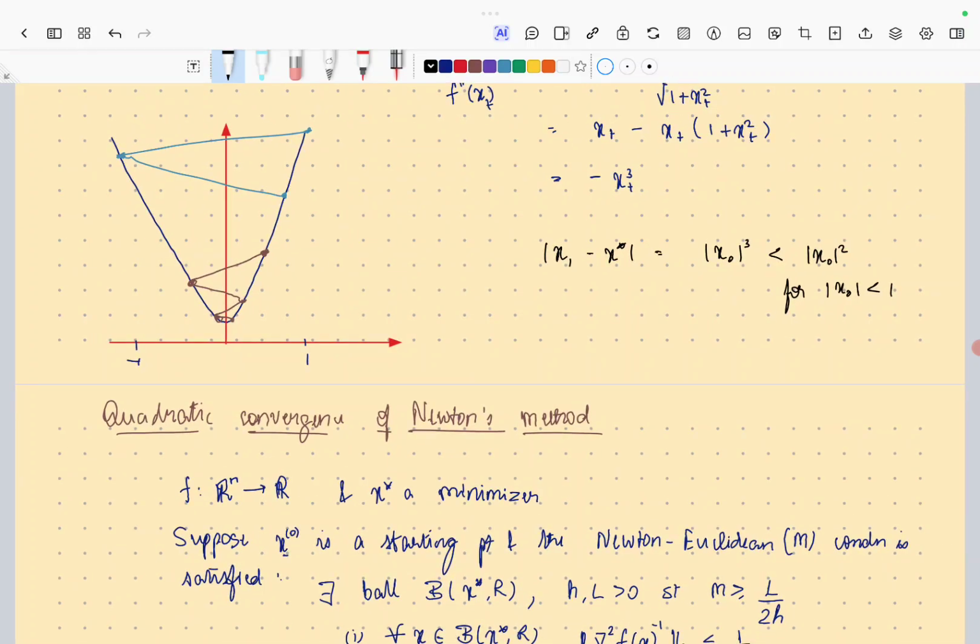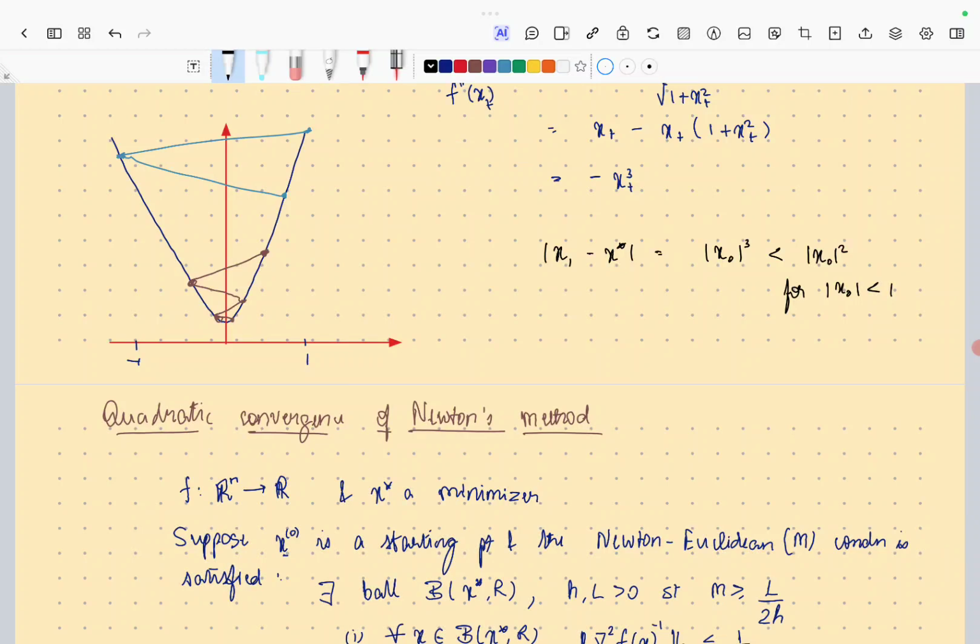One way is to run something like gradient descent, try to get somewhere close to the minimum, and then run Newton's method. Or you know something more about the problem, so the problem has enough structure where you're guaranteed convergence.